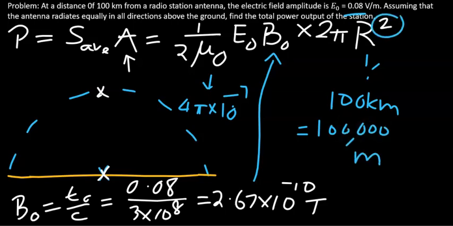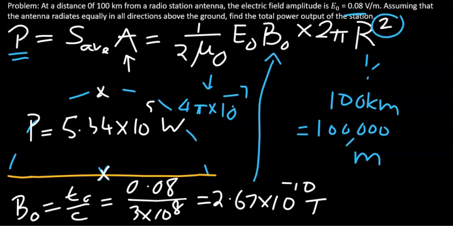Don't forget to square. After substituting these numbers, we get the following for the total power output. Namely, the total power output is 5.34 times 10 to the power 5 watts, or quite simply 534 kilowatts. And that solves the problem.